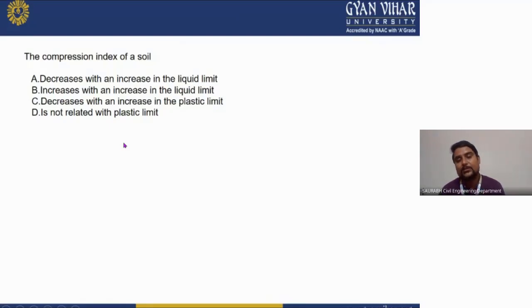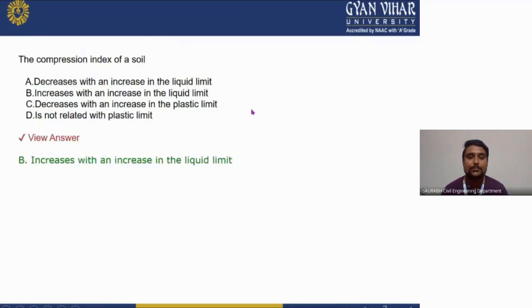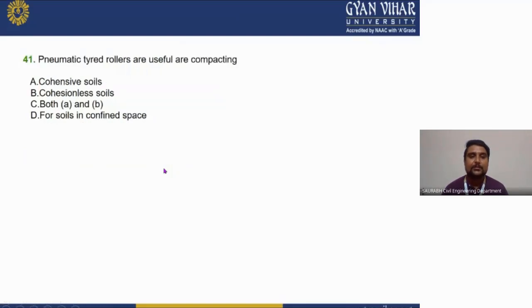One thing you also need to know is that we can easily determine the liquid limit by the Casagrande apparatus, which is very useful to determine the liquid limit of a soil. So the right answer will be: increase with an increase in the liquid limit. The compression index of soil will increase with an increase in the liquid limit. That is your right answer.